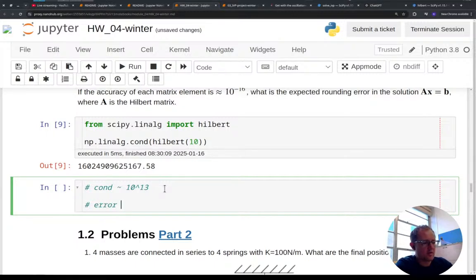The error is 10 to the 13 minus 16, because we're taking the power of the condition number subtracted from how well we can keep track of a floating point number. Roughly that number is the machine epsilon, which is the smallest number that we can add to 1 and actually have the number 1 change.